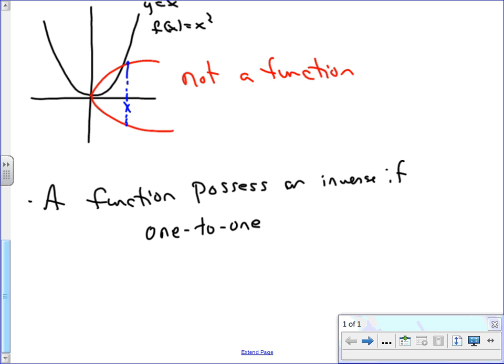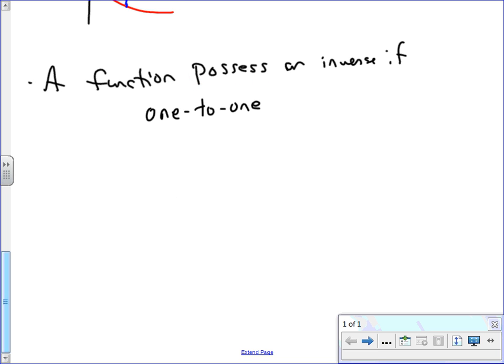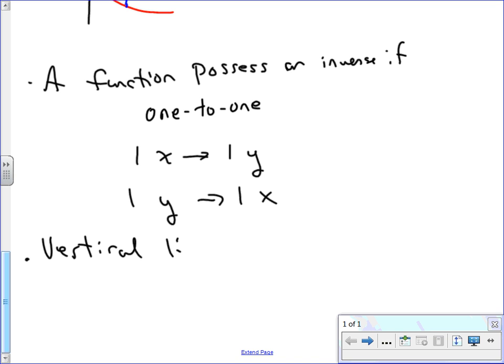And what one-to-one means is that any specific value of x results in exactly one value of y, and any specific value of y also results in one specific value of x, okay? So you remember the vertical line test for functions.